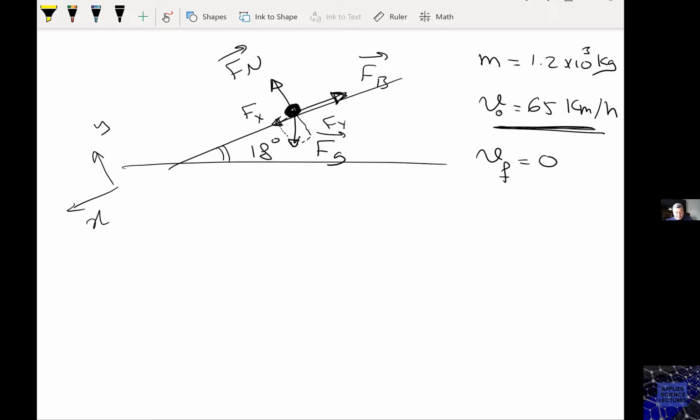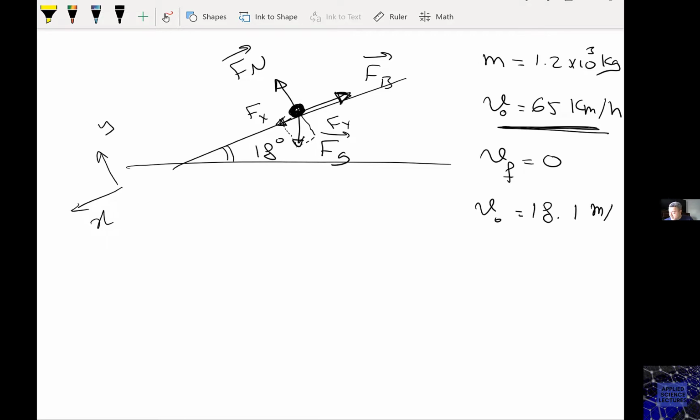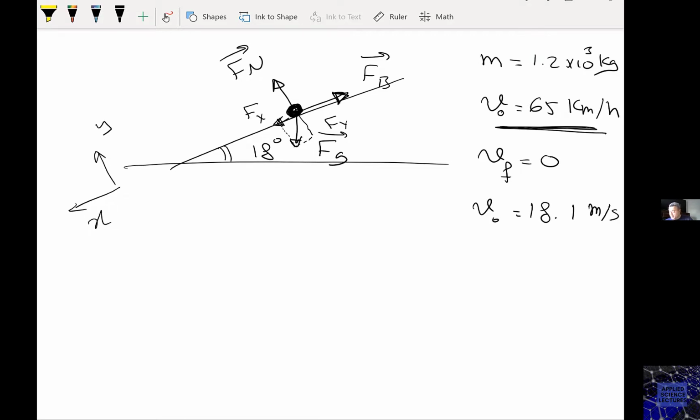So 65 multiplied by 1000 divided by 3600, I have v naught as 18.1 meters per second.